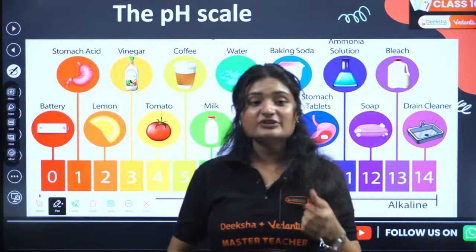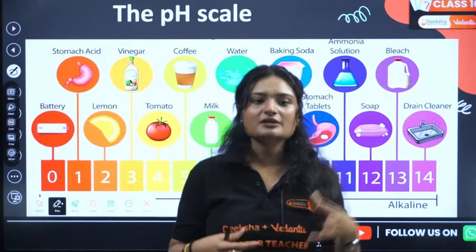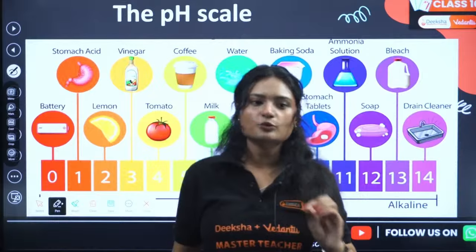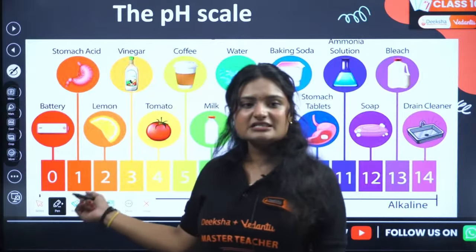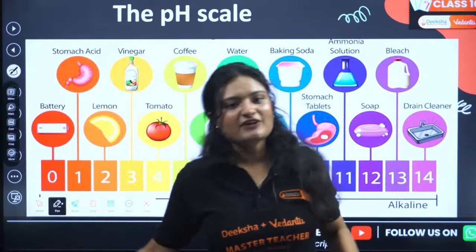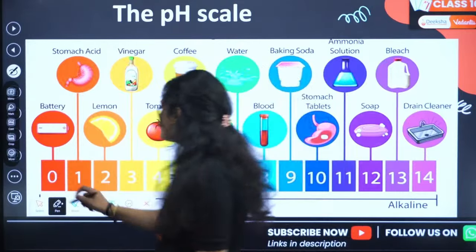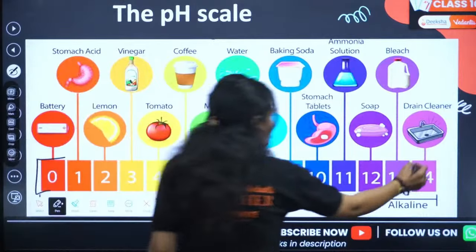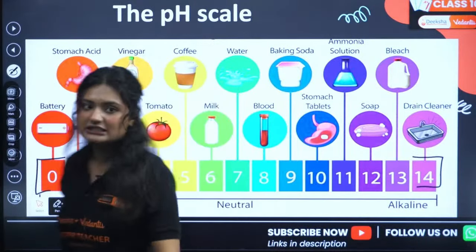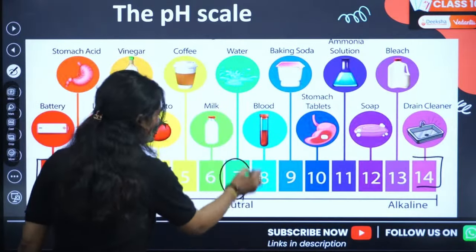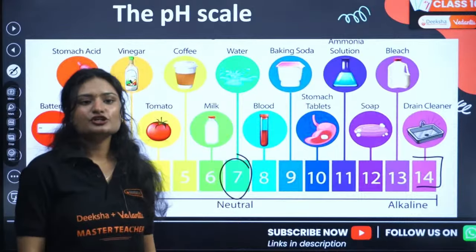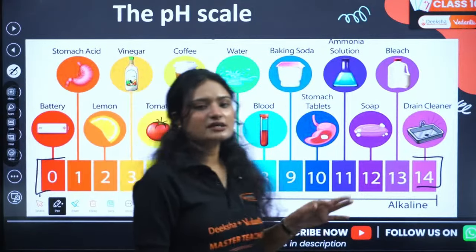It tells us whether a substance is acidic or basic, so quality and quantity both. It starts from 0 and goes till 14. At 7 you have neutral. Neutral substances lie around 7.